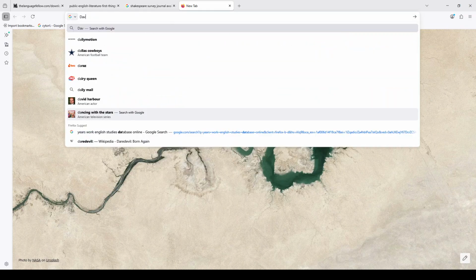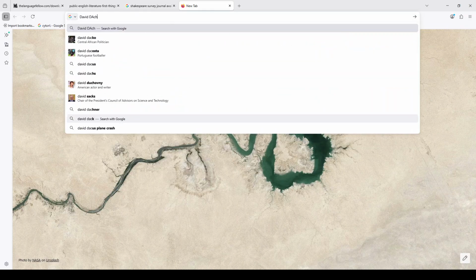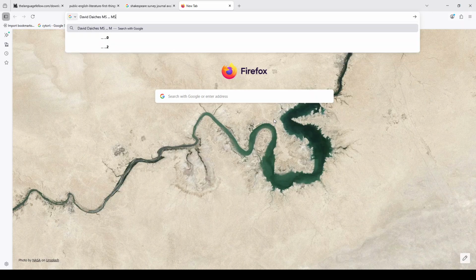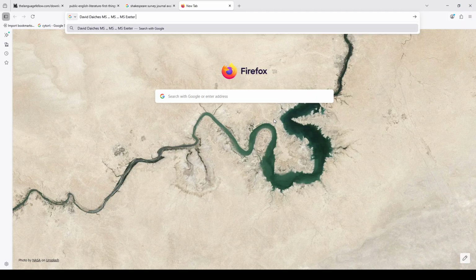But if you read David Daiches, it starts with the mention of MS this and MS that, MS Exeter, when it discusses the very first things in Old English literature, Anglo-Saxon literature as it is called in the book.